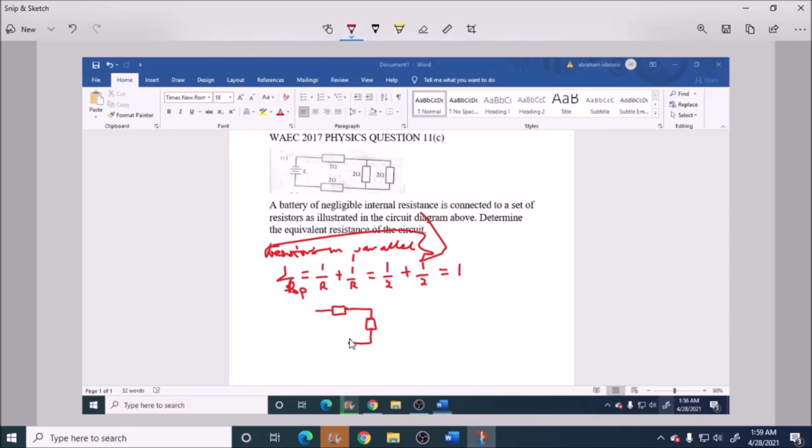So the total resistance or equivalent resistance is 2 plus 1 plus 2, so we have 5 ohms. So we have been able to determine the equivalent resistance of the circuit.